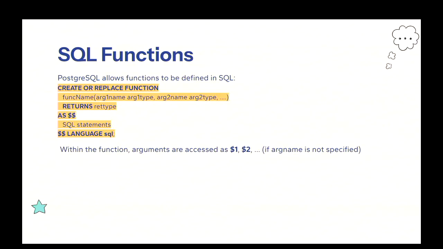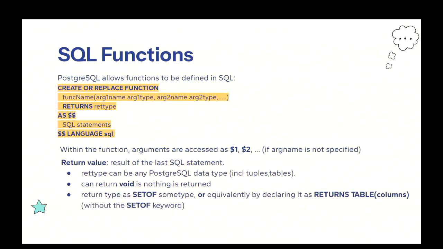Within the function, in the prototype, sometimes we can omit the argument or parameter names, and if they are omitted, they can be accessed via $ plus numbers. Do note that in SQL the number starts from 1, but in normal programming languages the number starts from 0.